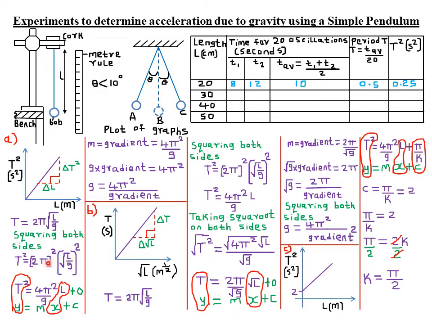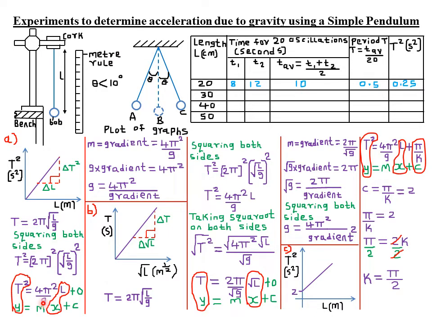Remember, I'm squaring so that I can obtain my t squared on the vertical axis and my L on the horizontal axis. So t squared, I'll simply obtain t squared. Then 2 pi squared, 2 squared, I'll get 4. Pi squared, I'll get pi squared. Then, of course, the square and the square root will cancel out, so that we just remain with L over G.